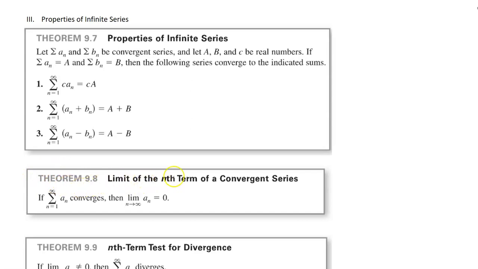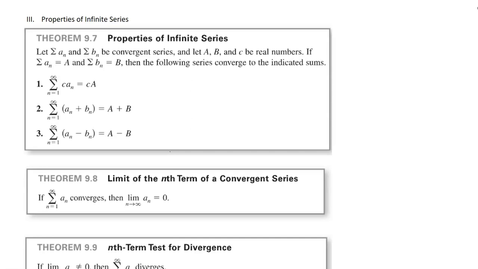Theorem 9.8 says the limit of the nth term of a convergent series. If the sum from 1 to infinity of a sub n converges, then the limit as n approaches infinity of a sub n is equal to 0. Now, you have to be careful with this statement. This says if your series converges, then the limit of the sequence of terms is equal to 0. Okay?